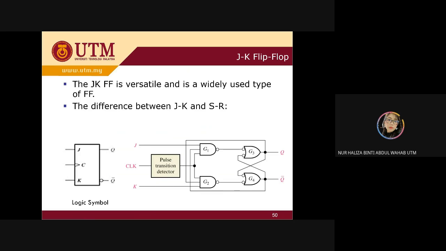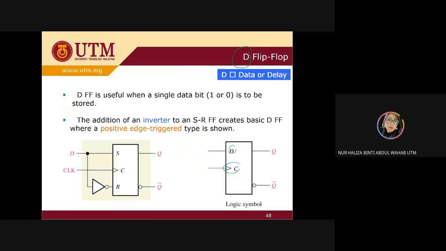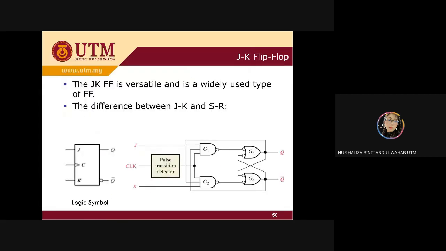Okay, any question before we go to the new JK, because it's slightly different. Last time we had SR and D for the latch, so we can basically have some knowledge, but this is a new thing. For the JK, if you have any question, or if I am too fast, you can stop me.